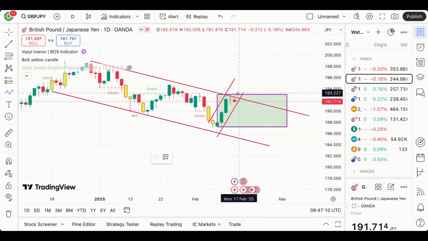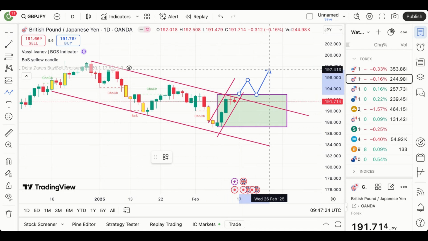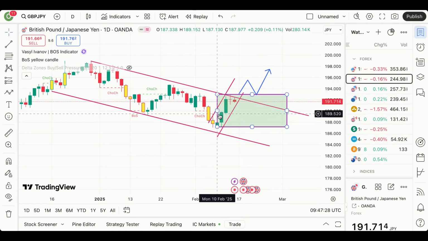We have to wait until it breaks this to the upside, break and retest it, and trade upside. Then we will say the trend has changed, the pattern has changed from there, or it will come down here.